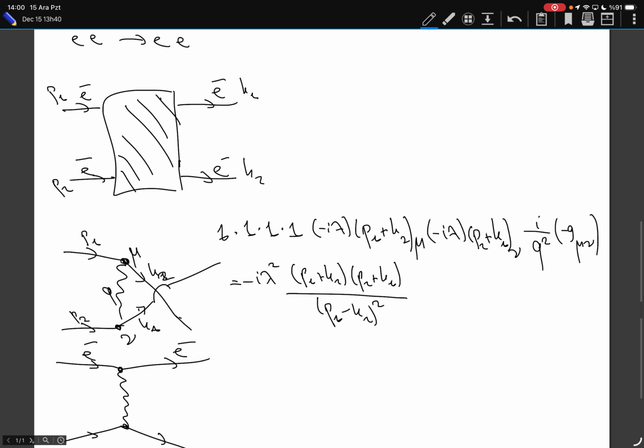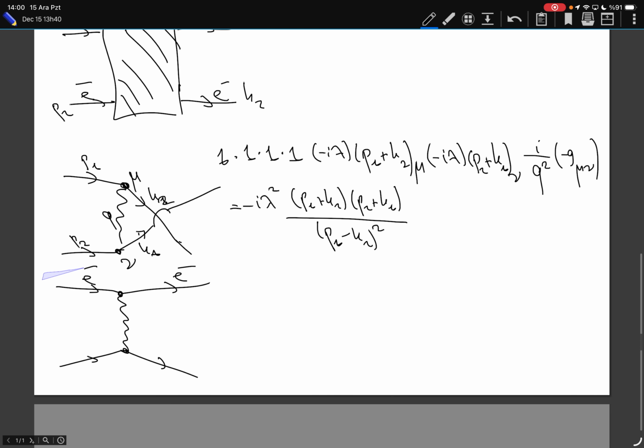At lambda squared order, I have this other contribution. This is P1, K1, P2, K2. Basically the same factors will appear, so let me not write them down. Then I have this vertex, let me call it vertex mu, this one nu, minus i lambda, this time (P1 plus K1) mu.